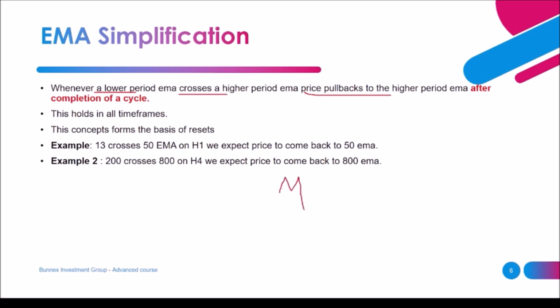After having 3 levels of drop like that, we usually have 2 EMAs crossing over above all other EMAs at this point, right? If we see this particular EMA crossover, we will expect to see the market coming back to the higher period EMA like that and probably issue a reset.